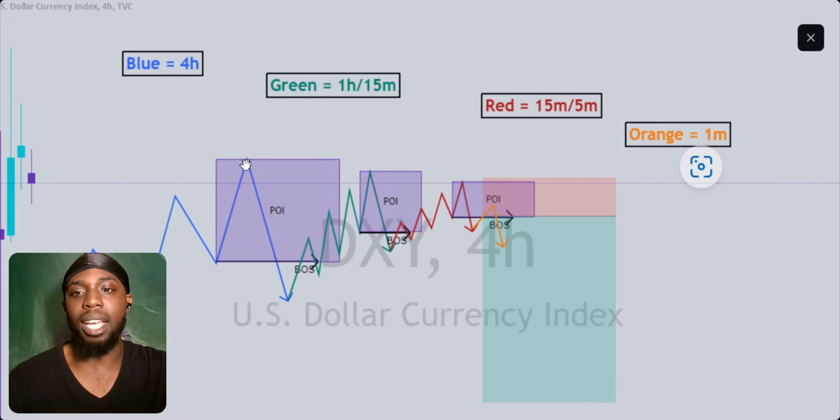You mark up the last candle that you have up here, or this last push up that it created is the whole point of interest. So within this whole area of this last push up before it broke structure, it can sell anywhere in this area. It could have sold right here. It could have just sold right there.